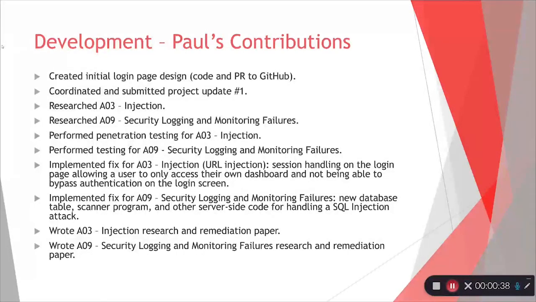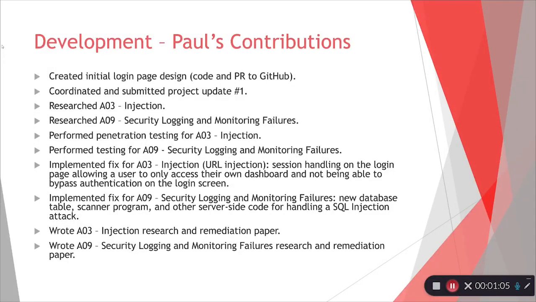For our project, we each took some of these top 10 attack vectors from OWASP, and we did research. We performed penetration testing to see how vulnerable our application was to these attacks. And then, most importantly, we researched and implemented remediation strategies to address some of these attacks. For my work, I focused on A09, security logging and monitoring failures.